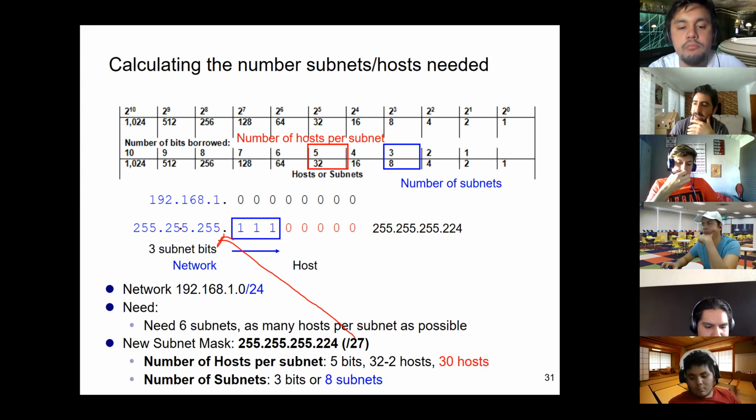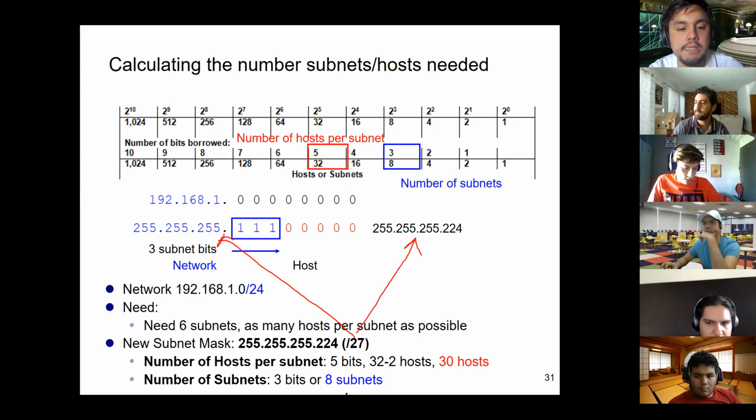So this is 8, 8, 8, and 3. So in total, it's 27. It's the same thing whether I write it like this, or like this. They're exactly the same thing, same meaning.